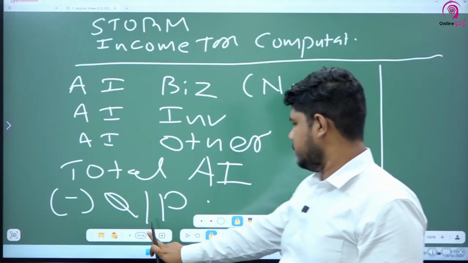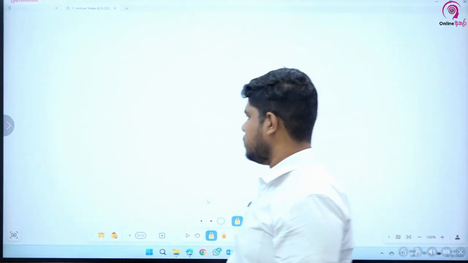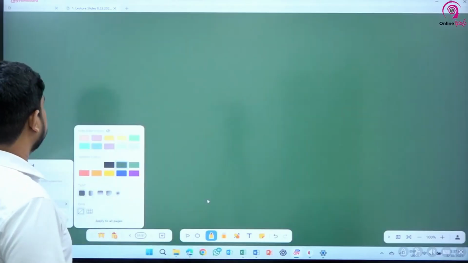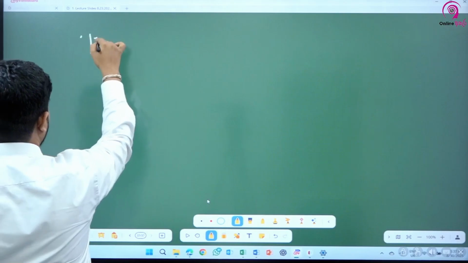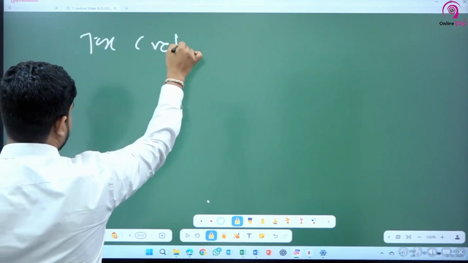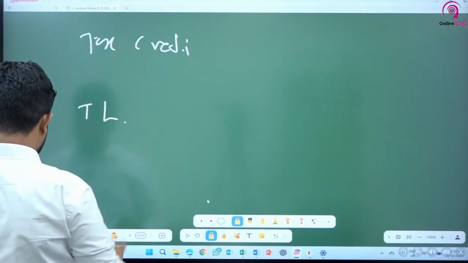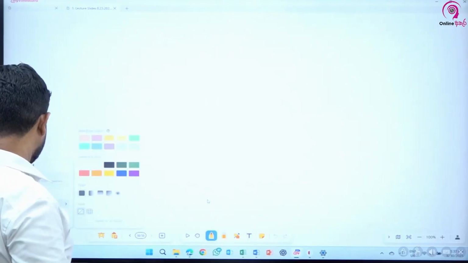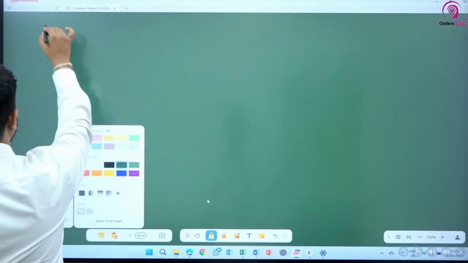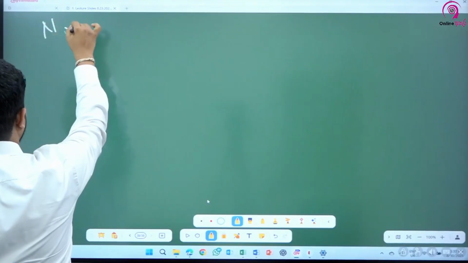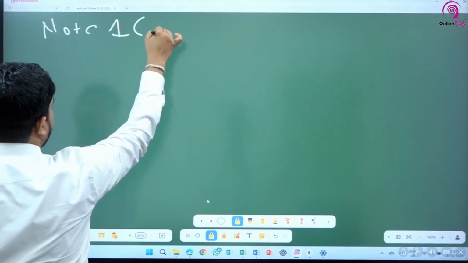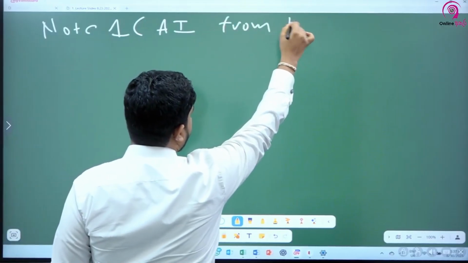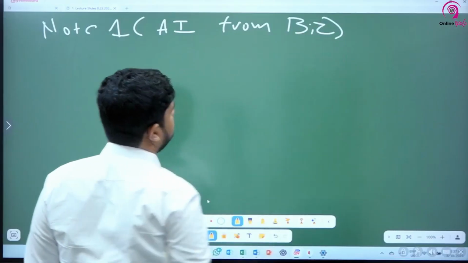Then tax credits, tax liability. Note 1, assessable income from business.